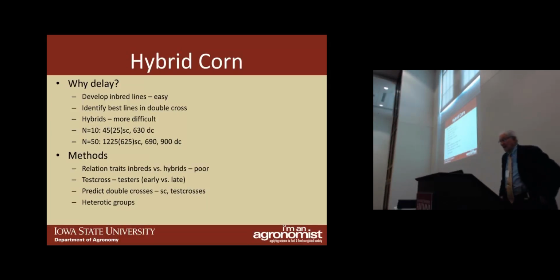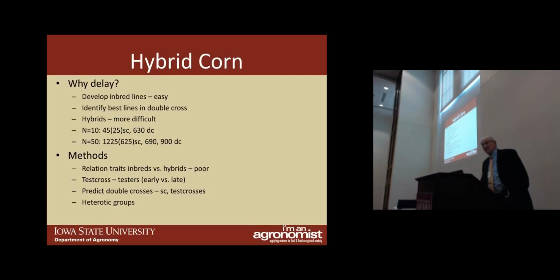So there's a lag time there, but really it was getting the techniques down to evaluate lines. And there was poor relationship, again, like I showed you earlier about the ratings and physical traits and how effective visual selection was. Same way, there wasn't any relationship between inbred lines and hybrids.